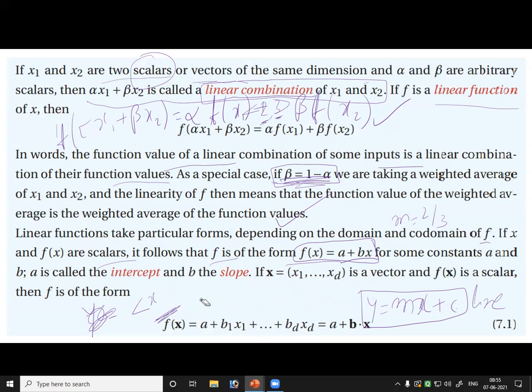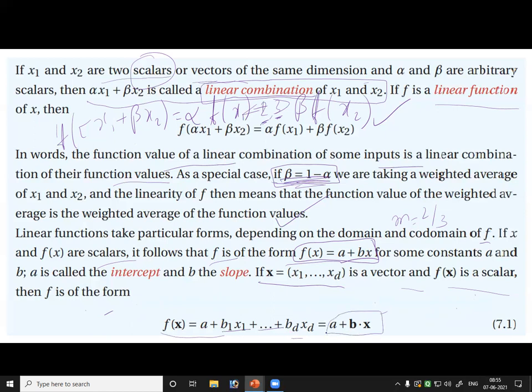In that case, if x = (x1, x2, ..., xd) is a vector and f(x) is a scalar, then f(x) = a + b1x1 + b2x2 + etc. This is also of the form a + bx, but b represents b1, b2, b3.